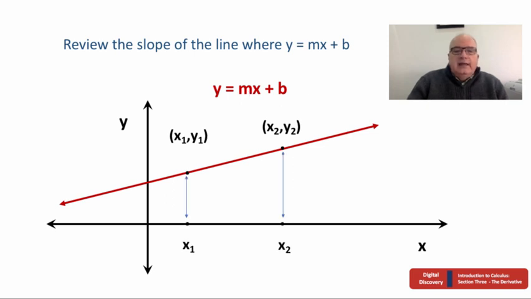You notice that each one of these points, x1 and x2, generates a unique y value, y1 and y2, such that those points are on the line. B is defined to be the place where x is 0. That generates where y is b, and b becomes the y-intercept, where it crosses the y-axis.